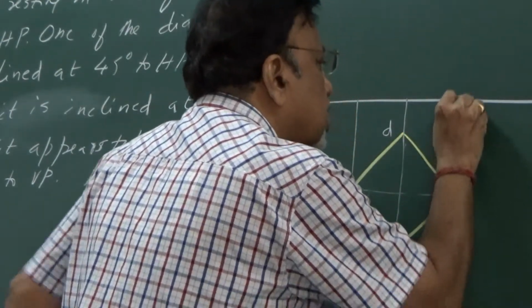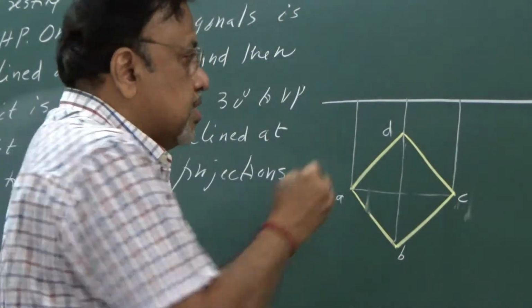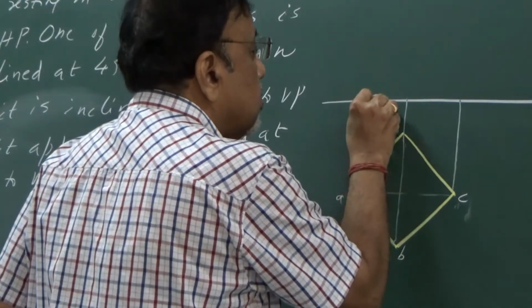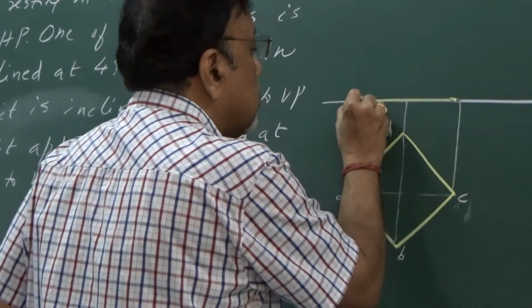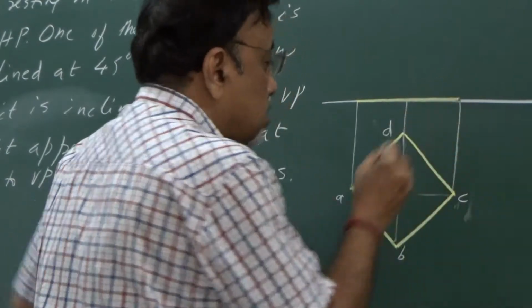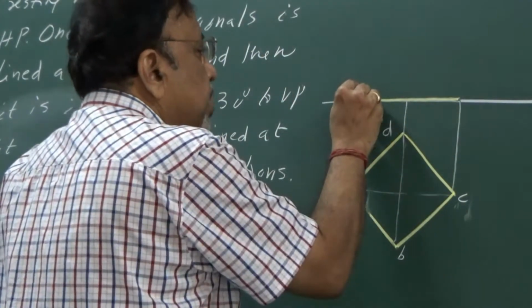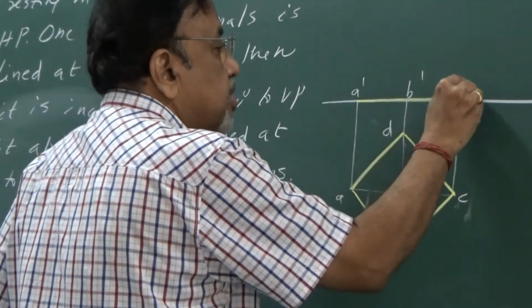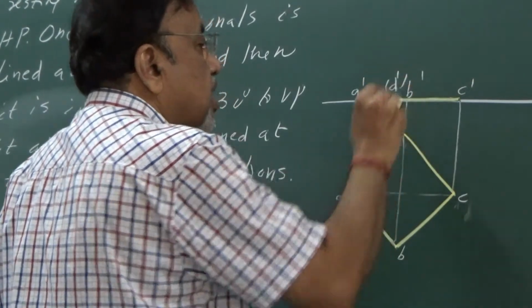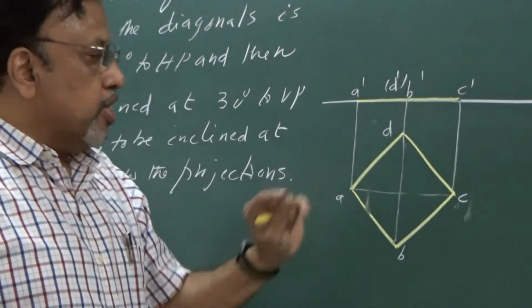So always remember, projectors should be as light as possible. So this is the lamina, and as usual name them A dash, B dash, C dash and D dash. So stage 1 is over.